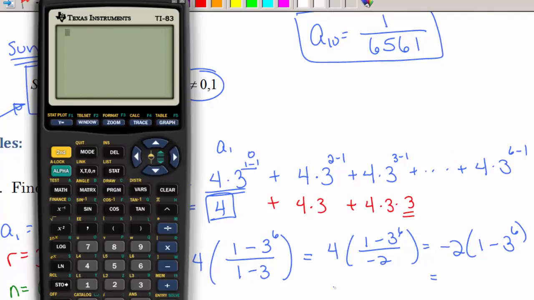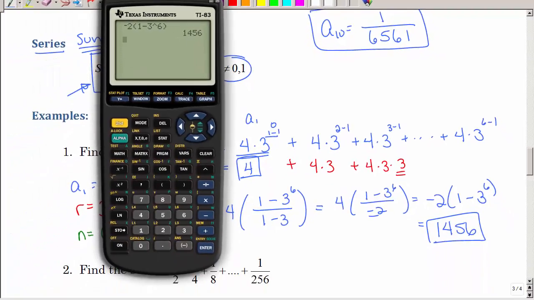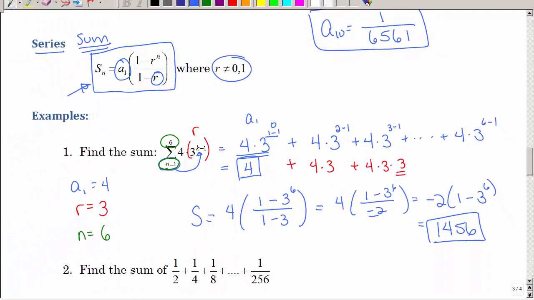So I did a little bit of cleaning up before I'm punching it into my calculator. And I get 1,456. So a geometric series, if r is bigger than 1, gets really big really fast, and if r is smaller than 1, it gets really small really fast.